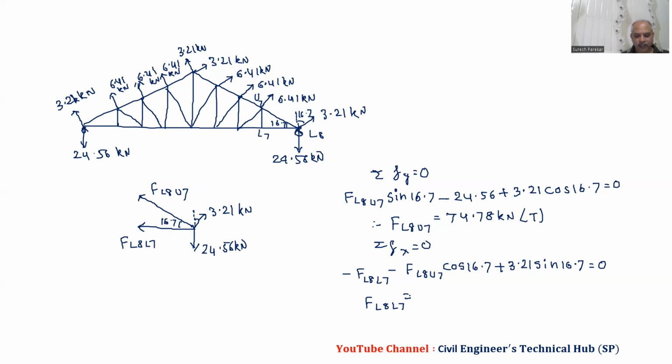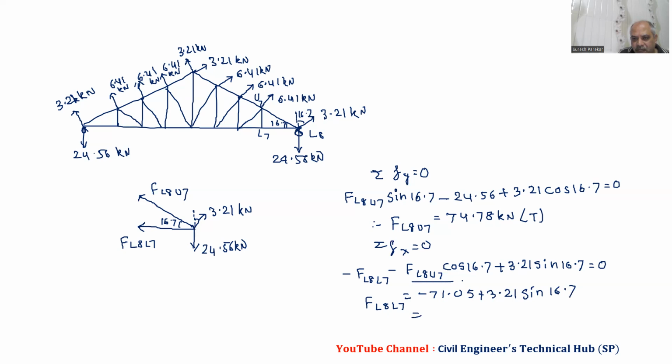I don't have a calculator over here, so I got this value minus 71.05, and we have to deduct 3.21 sine 16.7.